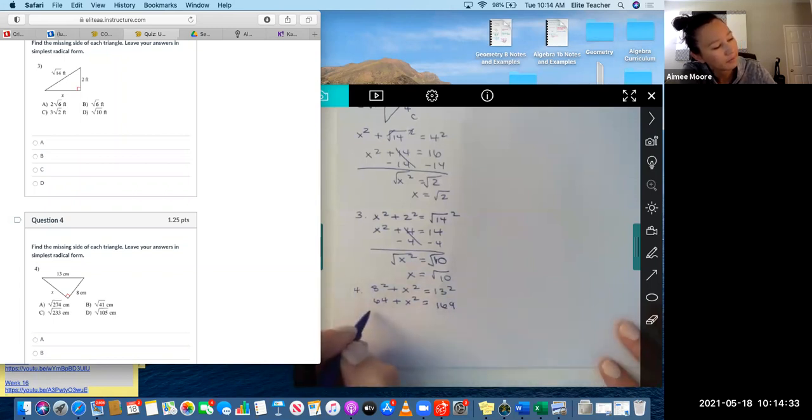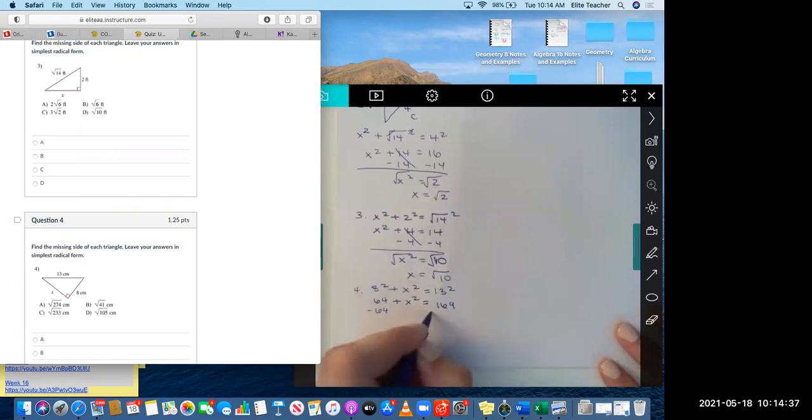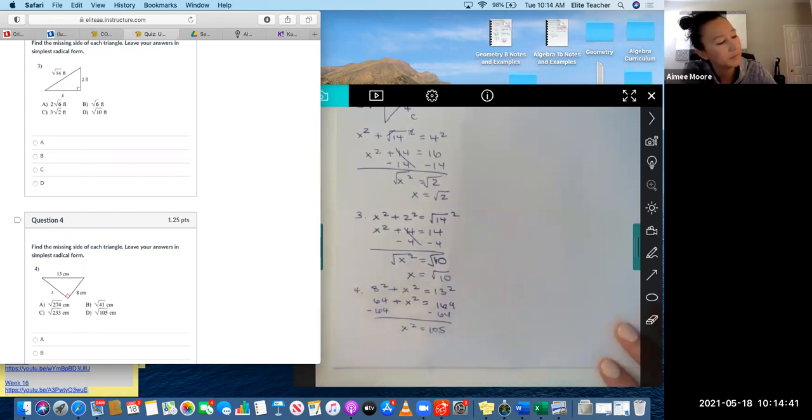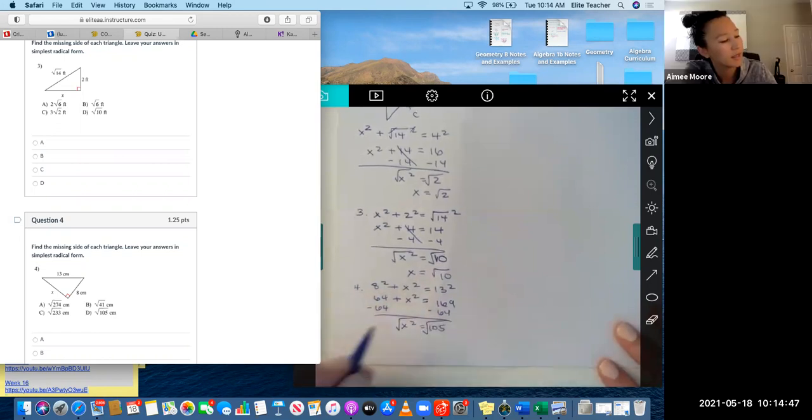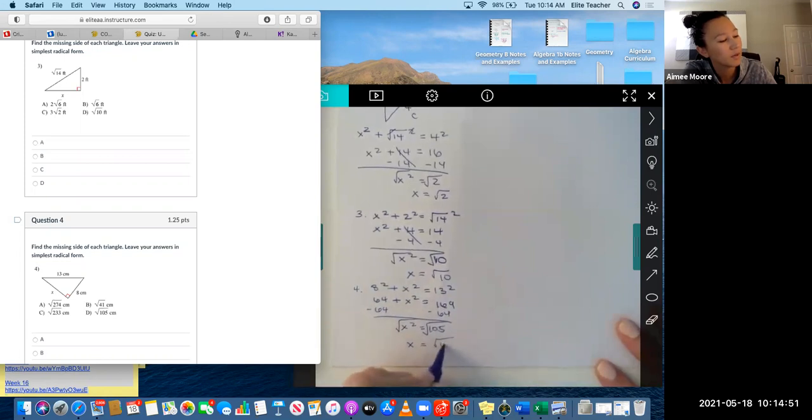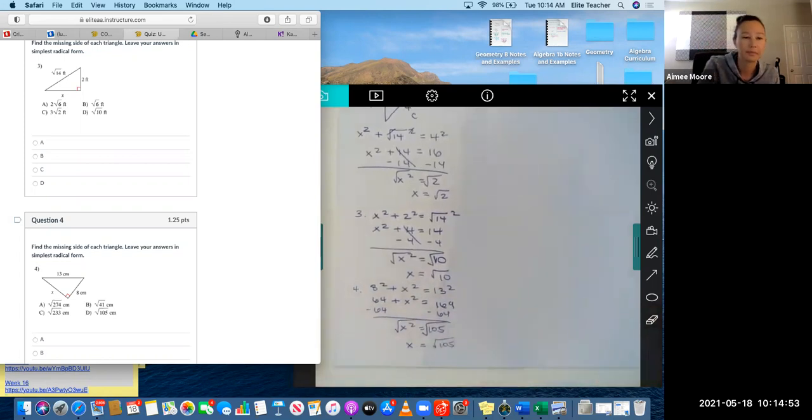And then I subtracted it from both sides, and then I got 105. Good. And then what do I do after? I forgot. You take the square root of both sides. Then you get x, which equals the square root of 105.